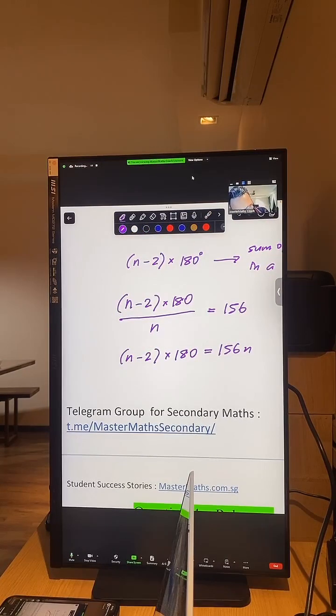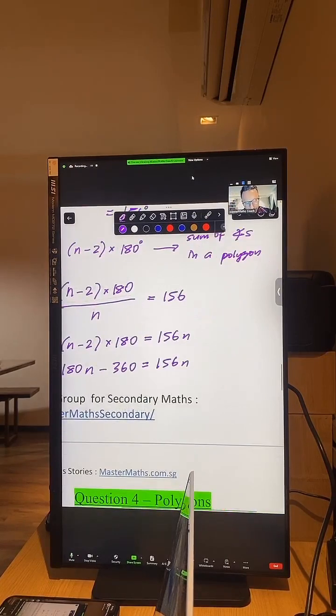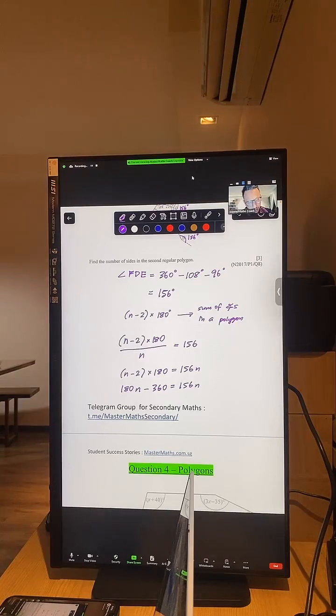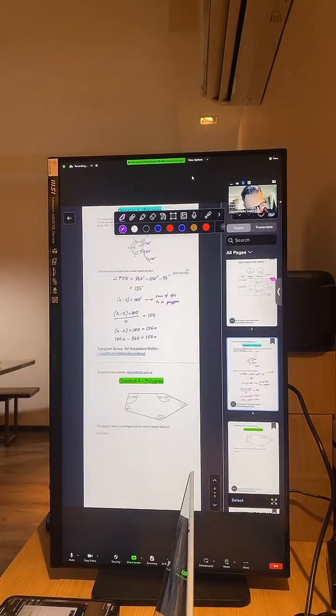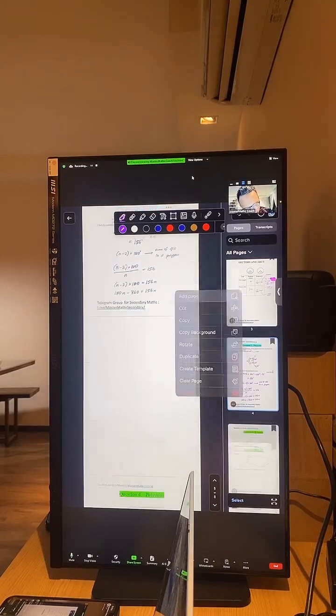So you have 180n minus 360 equals 156n. Okay, let's add another page so that we don't have to squeeze our writing.